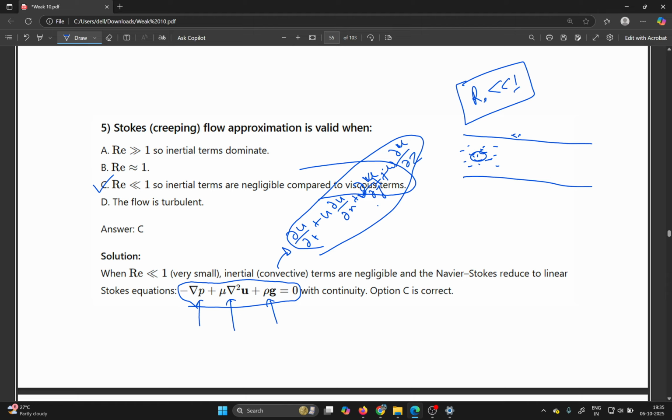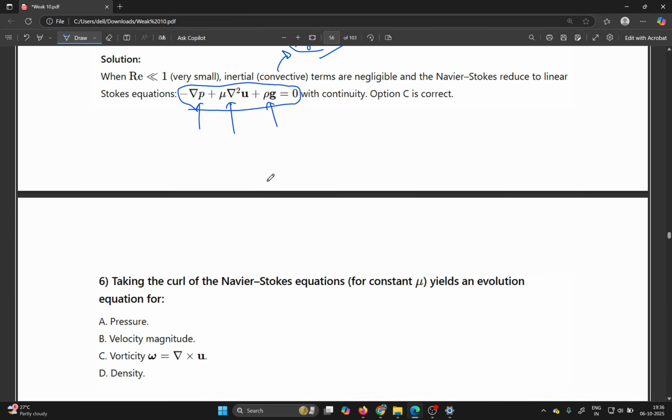When you add these three forces, you get 0. So the Navier-Stokes equation reduces to the linear Stokes equation with continuity. Option C is correct.